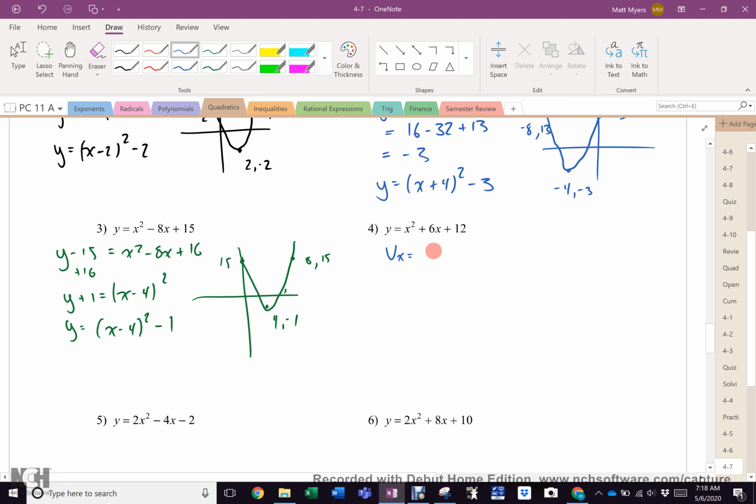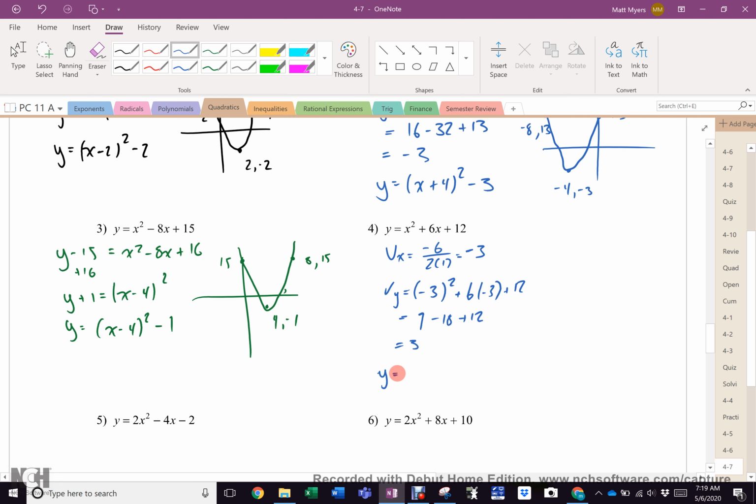Vertex x equals negative 6 over 2 times 1, so that's negative 3. Vertex y equals negative 3 squared plus 6 times negative 3 plus 12, which is 9 minus 18 plus 12, which is positive 3.